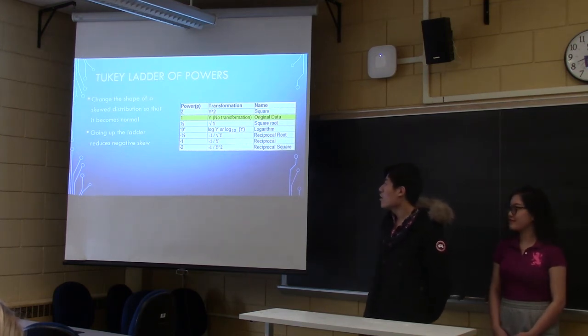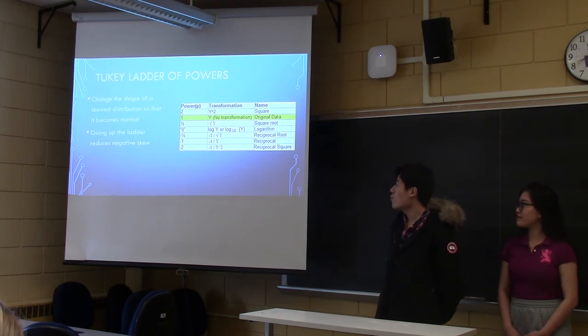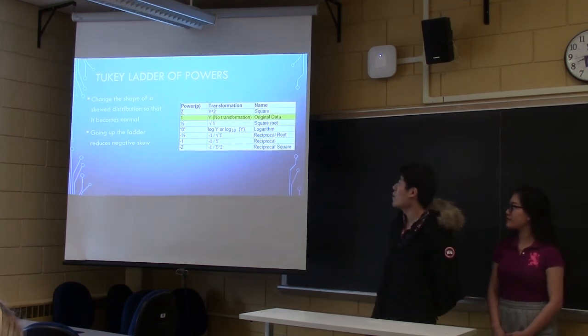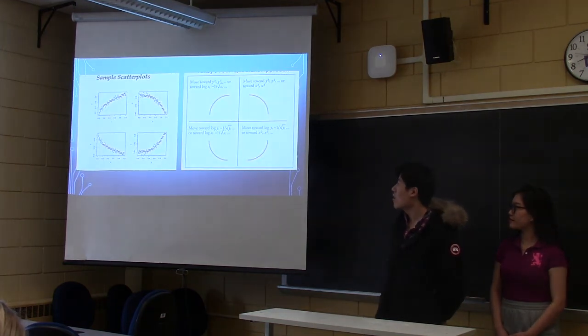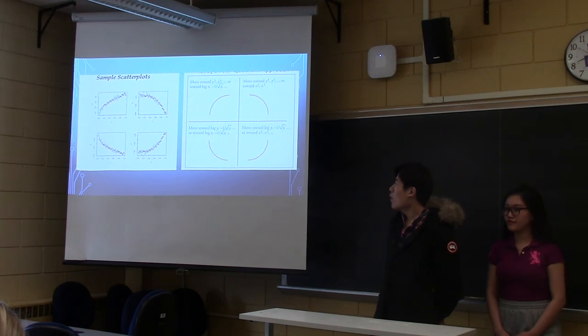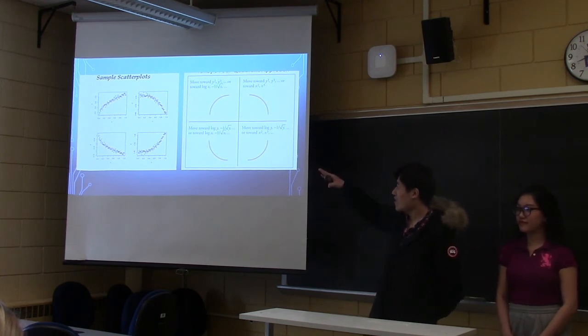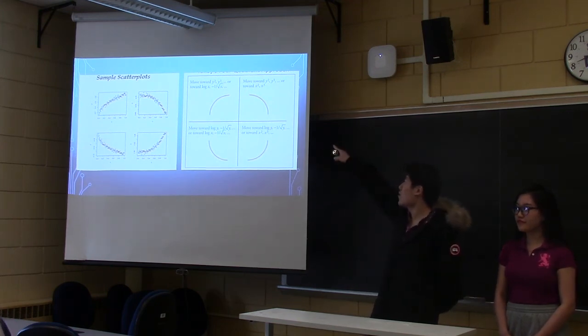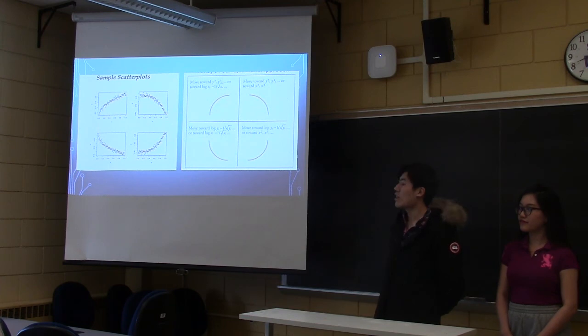Going up the ladder reduces negative skew, as you can see from the formula here. Now we want to make the distribution more like a straight line. In the right chart, we follow the instruction here, so we can make the data like a straight line.